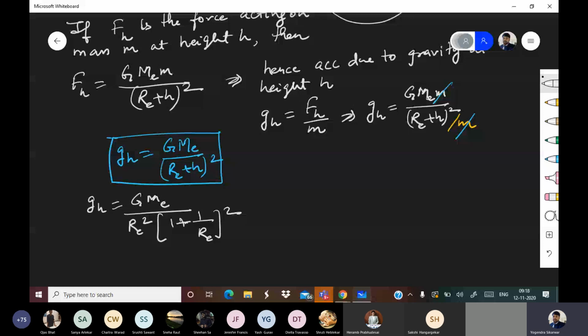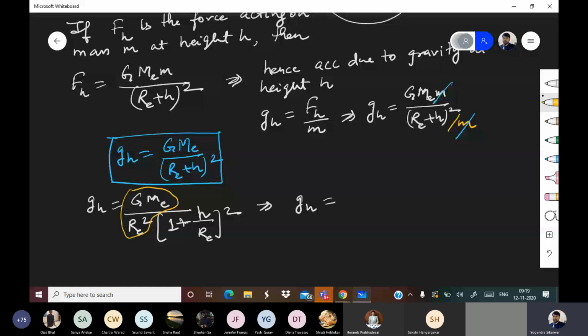Again, pay attention to what I have done. I have taken Re as common. So when you divide Re by Re, it will be 1. And when you divide h by Re, it will be h upon Re. This is (h upon Re) whole square. Alright. Now further it will be gh is equal to, now this G Me upon Re square, if you see, that is acceleration due to gravity at Earth's surface.